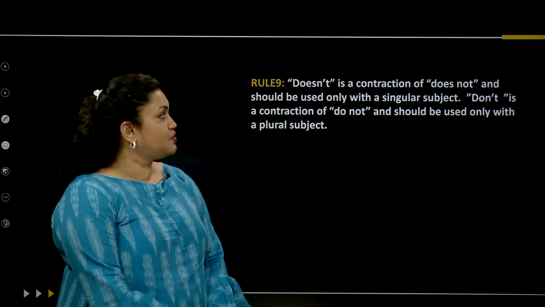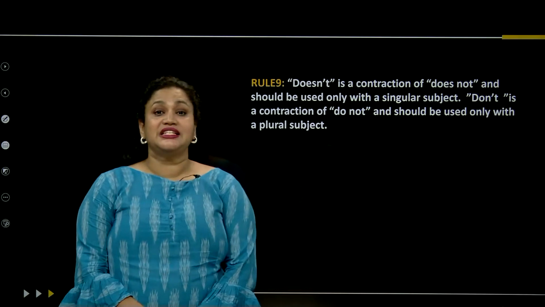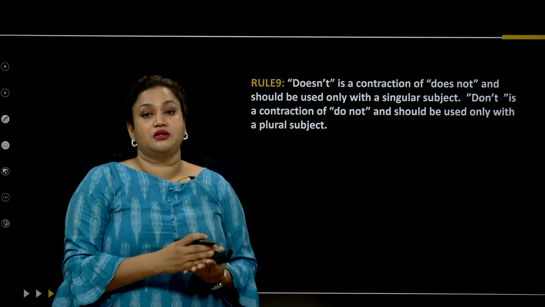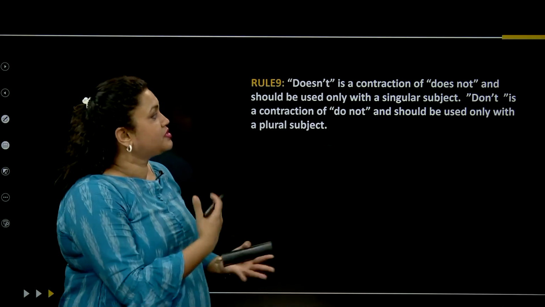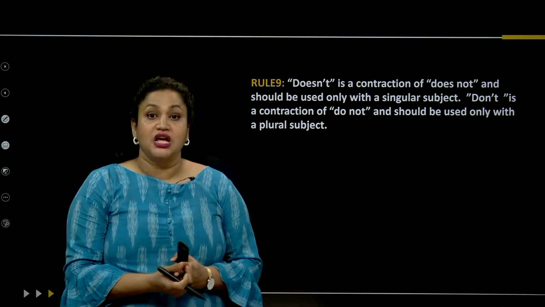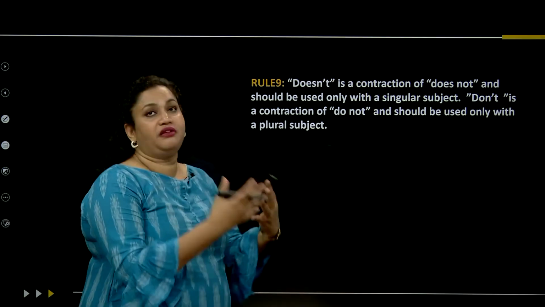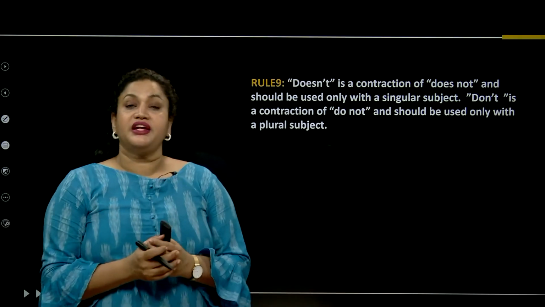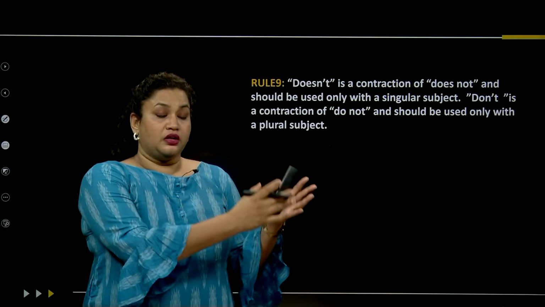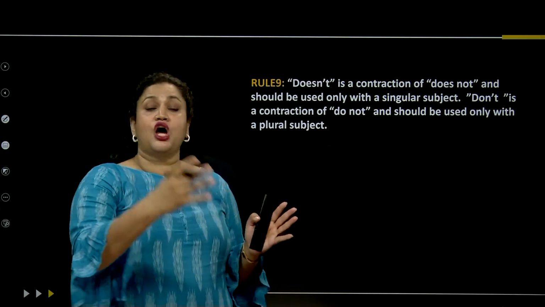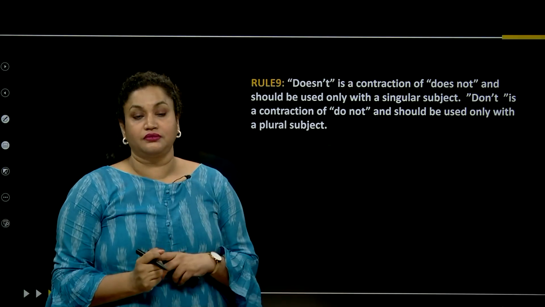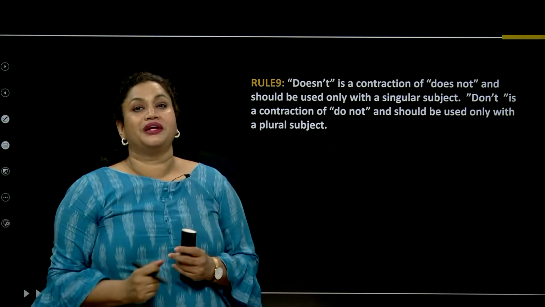The next one is rule number 9. Doesn't is a contraction of does not and should be used only with a singular subject. Don't is a contraction of do not, and should be used only with a plural subject. For example, he does not know it. They don't know it.